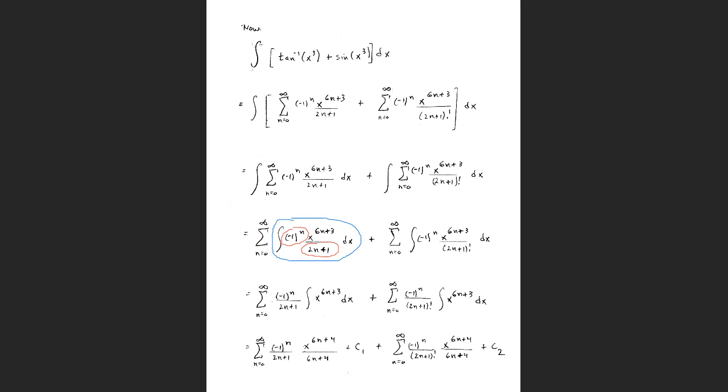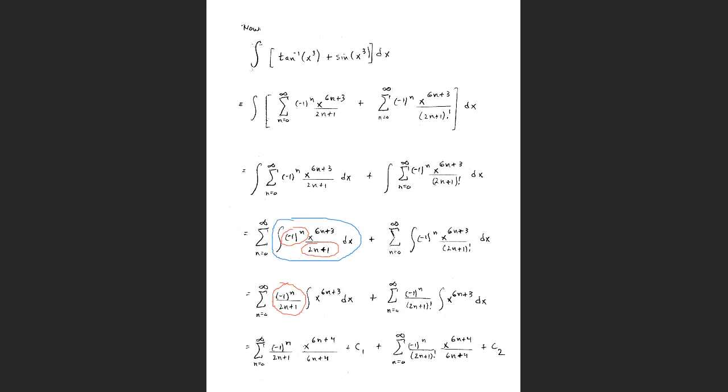Are those constants with respect to the integral? We know -1 to the nth power and 2n plus 1 are not constants with respect to the power series because n changes. But with respect to the integral, that's right, Mohammed, -1 to the nth power and 2n plus 1, those aren't functions of x. We're integrating with respect to x. So -1 to the nth power divided by 2n plus 1 can be brought out in front of the integral.